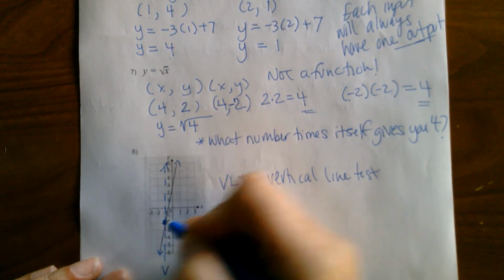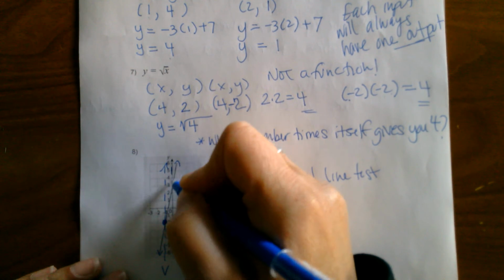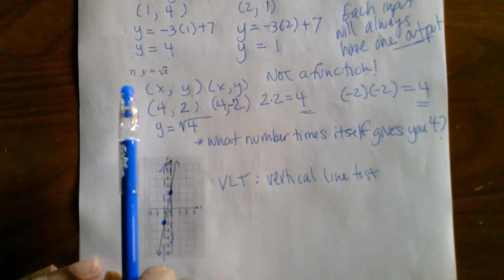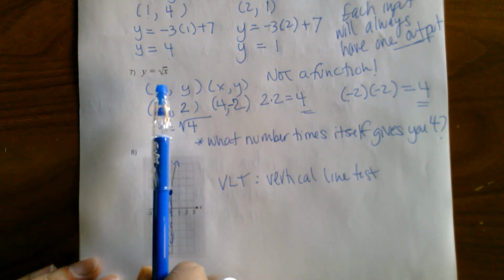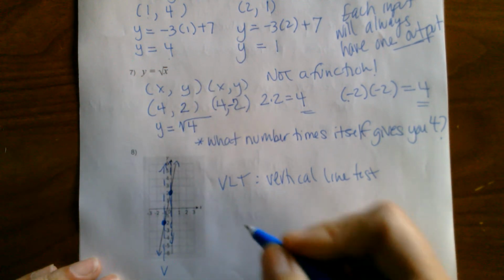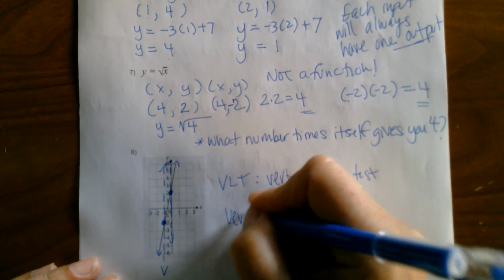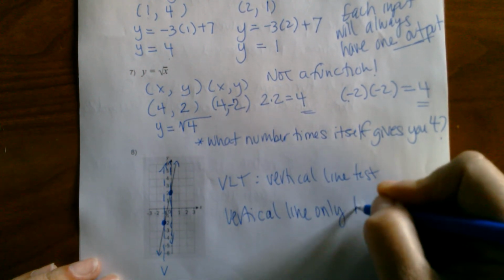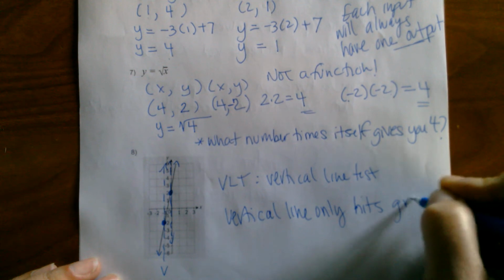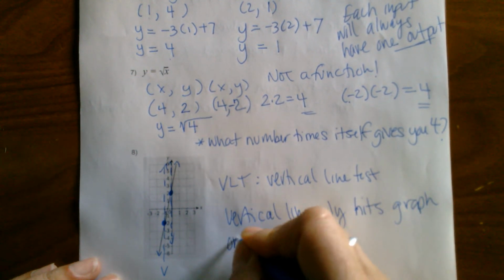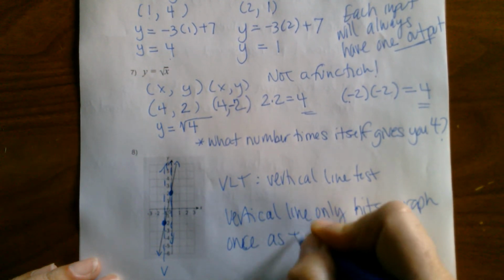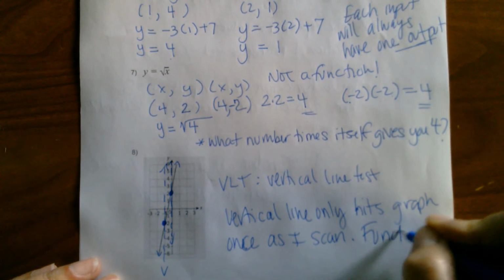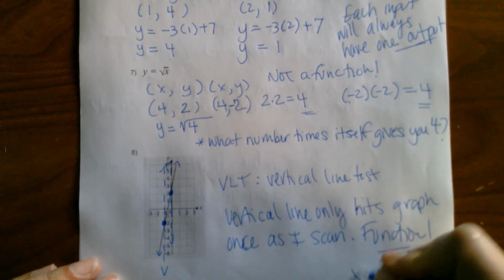It's only hitting 1 point. I move it over, I'm scanning again, it's only hitting 1 point. So every time I move my pen, it's only hitting my line once. So the vertical line only hits the graph once as I scan. It is a function. Yay!